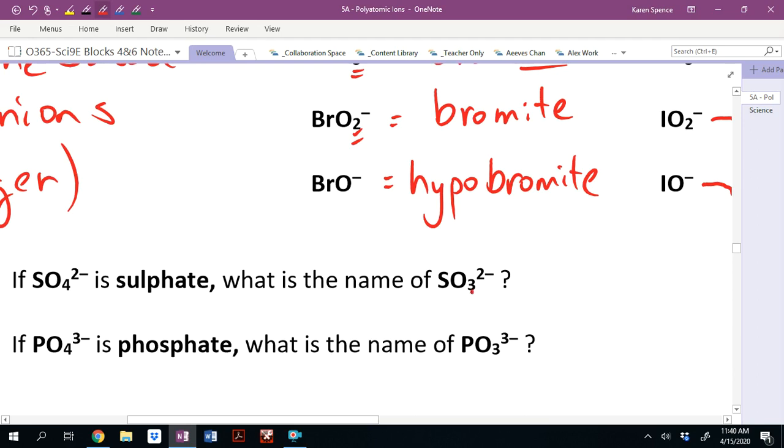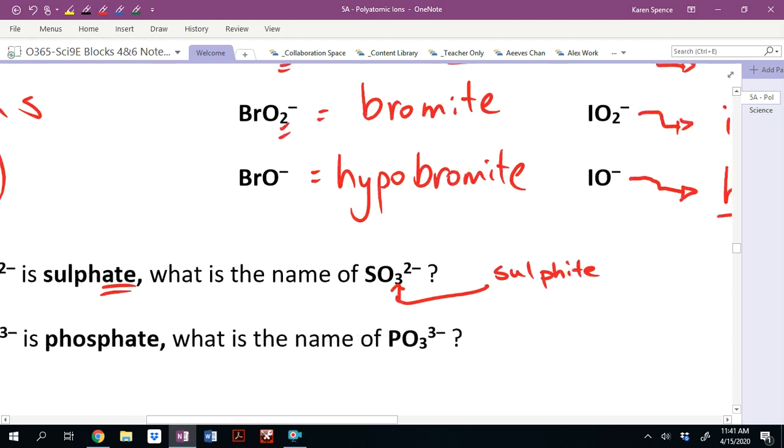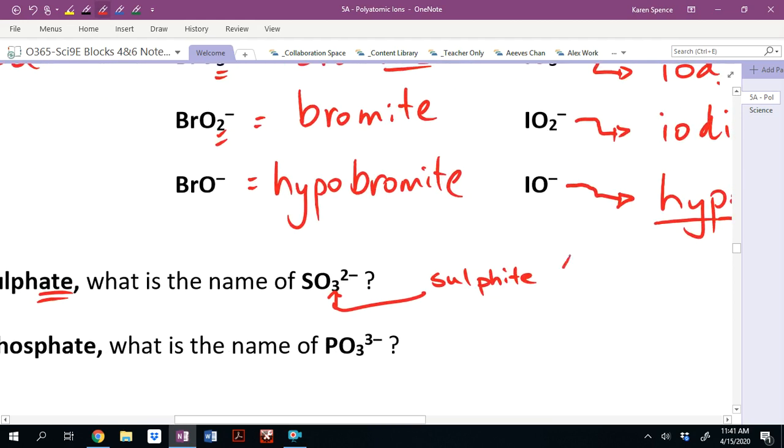SO3 has one less oxygen than the ate, so we're going to change the ending to ite. So SO3 is sulfite. And don't forget, if you want to spell it sulfite with an F, that is okay.